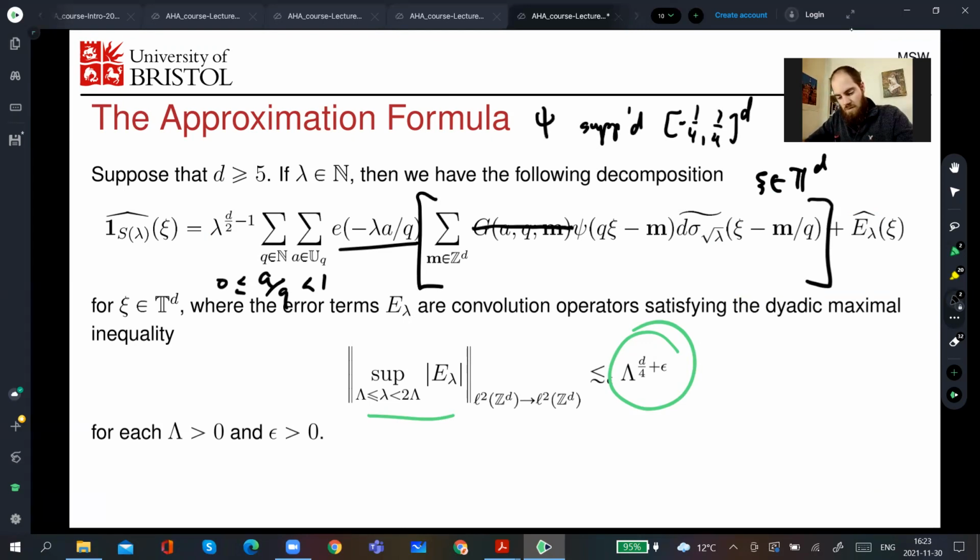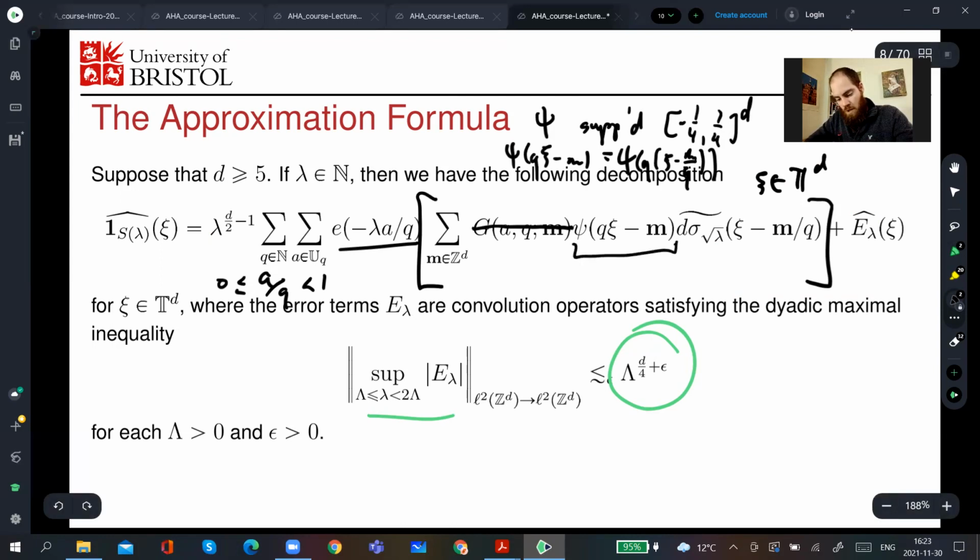So when you do psi of Q C minus M, which is psi of Q times (C minus M over Q), just by distribution, you see that this is supported in a 1 over 4Q box centered at the point M over Q.